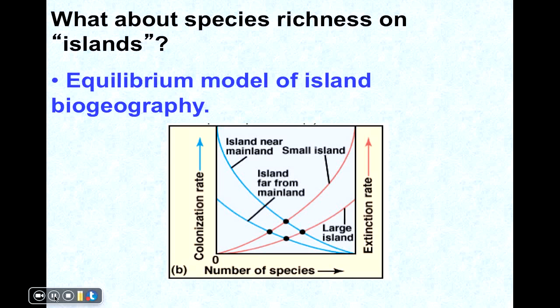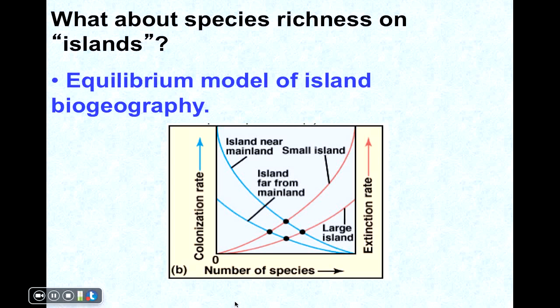This idea essentially states that there are some fundamental factors that determine the number of species that we find on islands. So for example, if you just think about this intuitively, this should make some sense. The idea is if you are a large island, you're probably going to have more species than if you're a small island. The idea is there's just more habitat available.